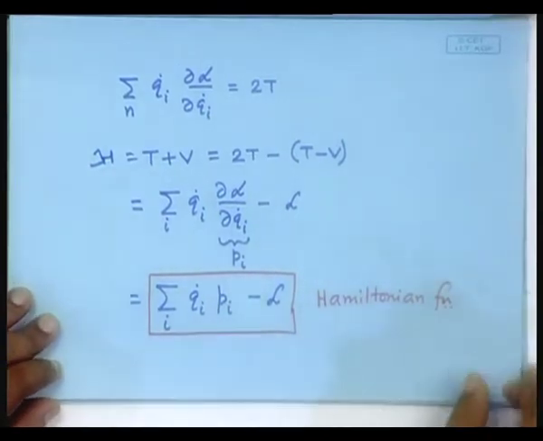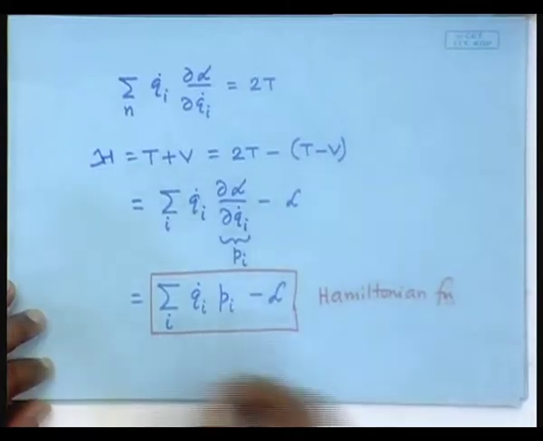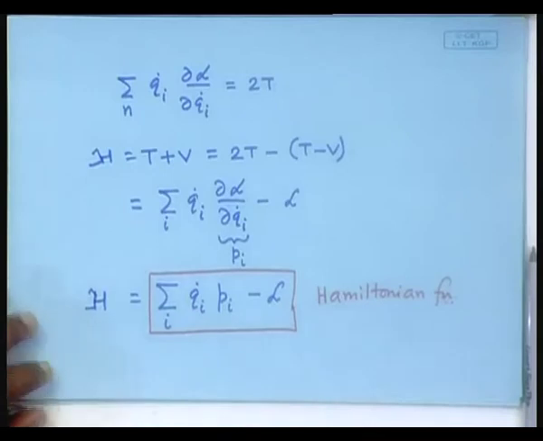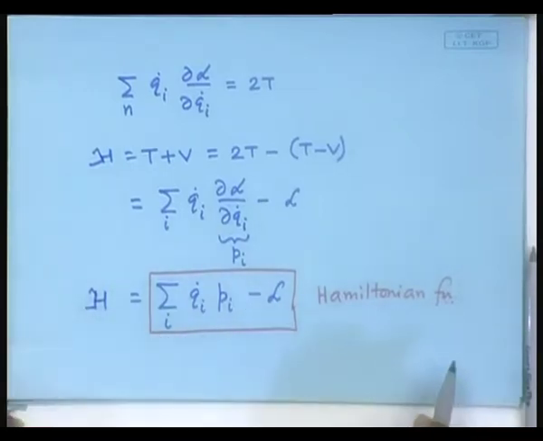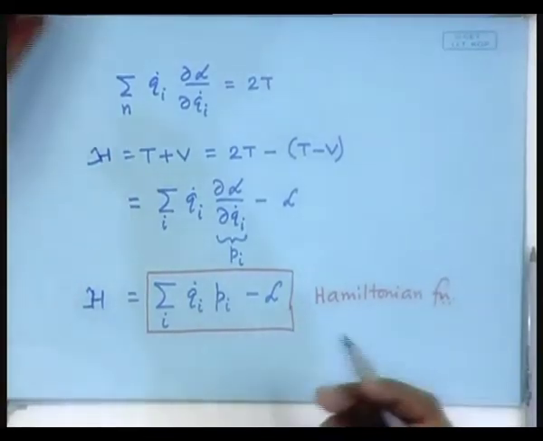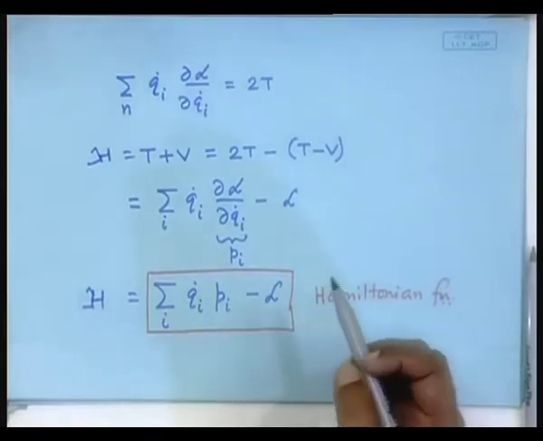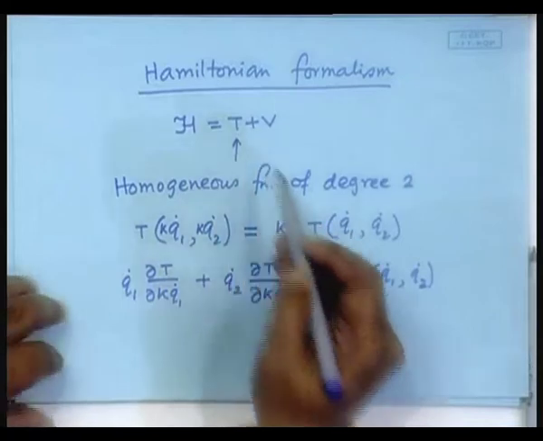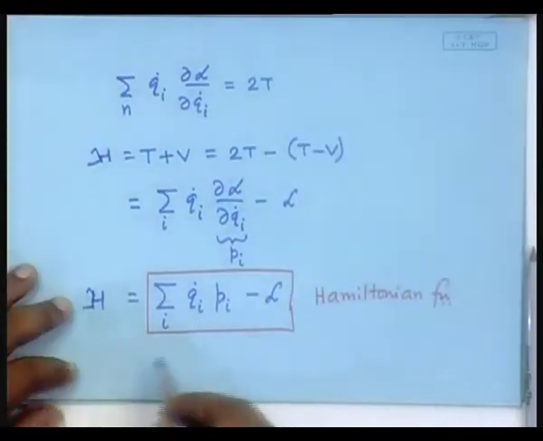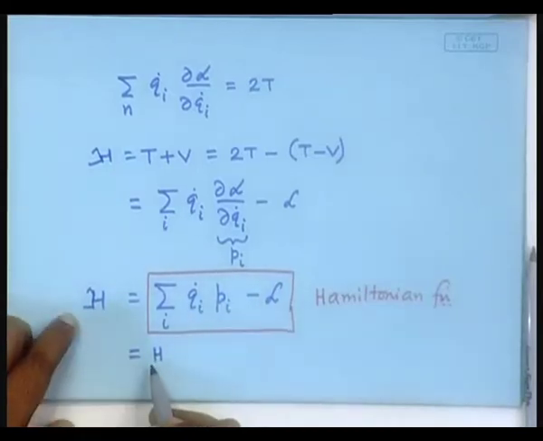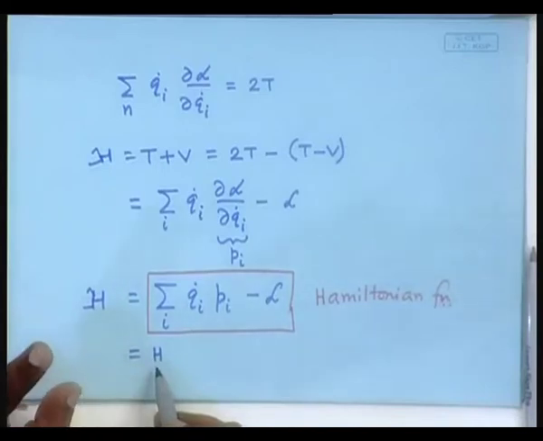So, this is the Hamiltonian function. Now, so we have two things. In the left hand side we have the H function, and in the right hand side we have the Hamiltonian function. And in our nomenclature we had called this term as something like script H, because this in concept represents the total energy, and the Hamiltonian H is normal H is this. We just showed that the script H that we started with is equal to the Hamiltonian H. Good.